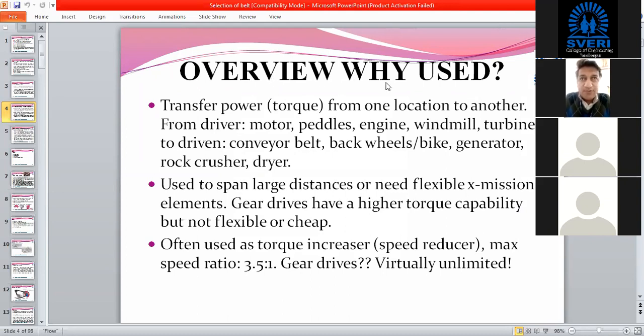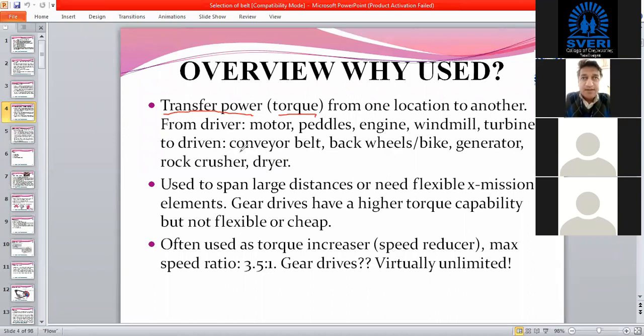Here we'll come to know why belt drives are used. Okay. As already discussed, these belt drives are used to transmit power, that is, torque is transmitted. Torque can be modified also using different sizes of pulley.